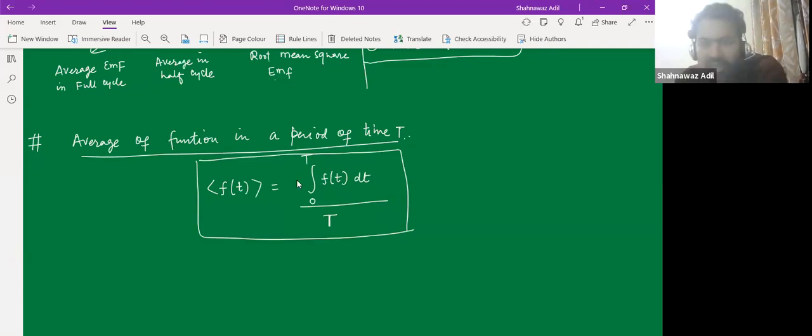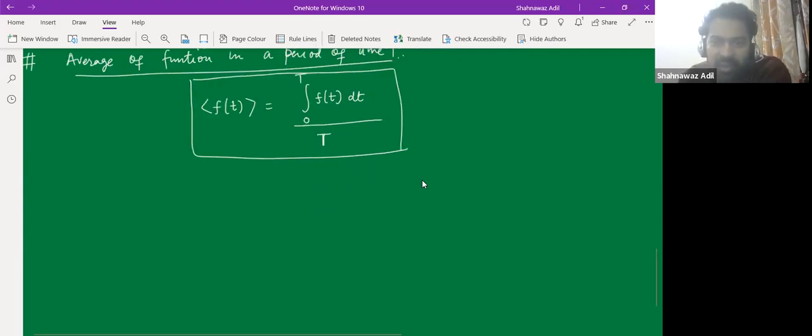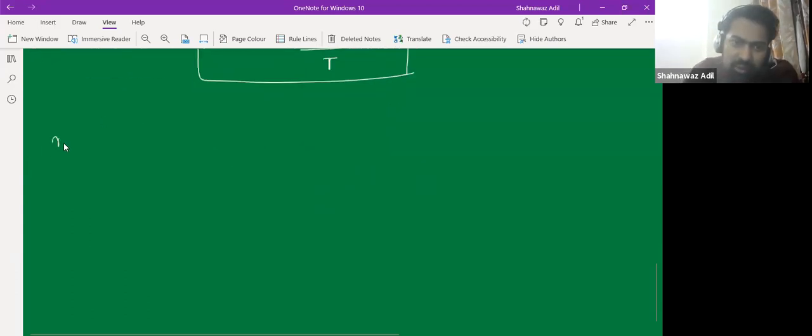So that is the way I calculate the average. So first I want to calculate the average of E in total time t. That would be the integral from 0 to t of E dt divided by t.